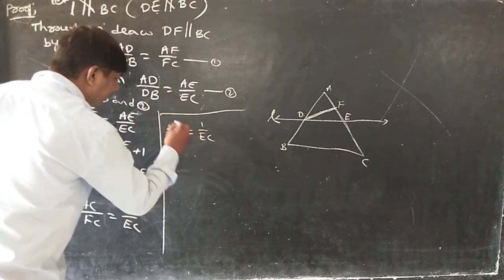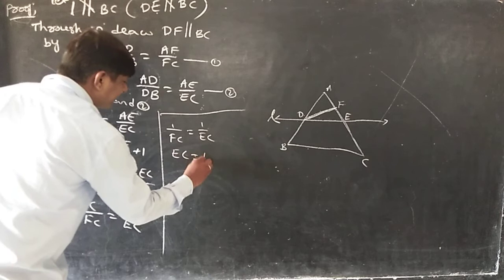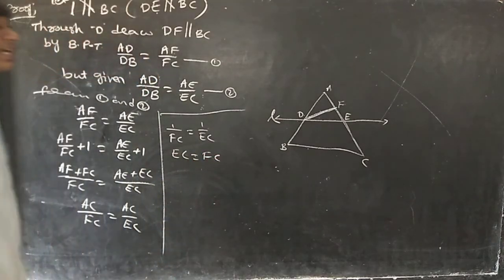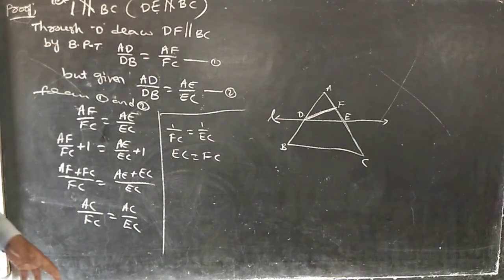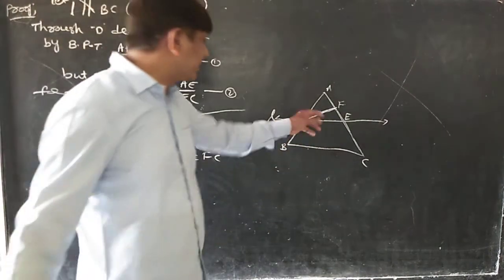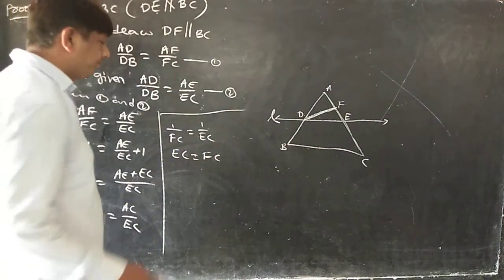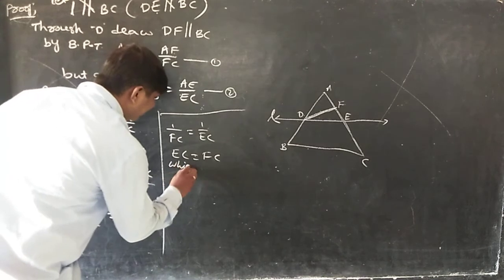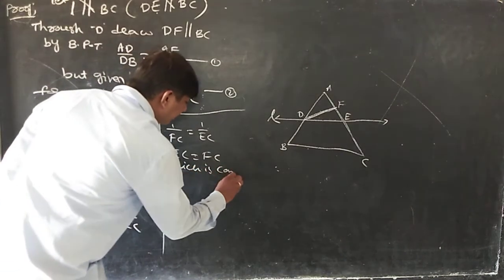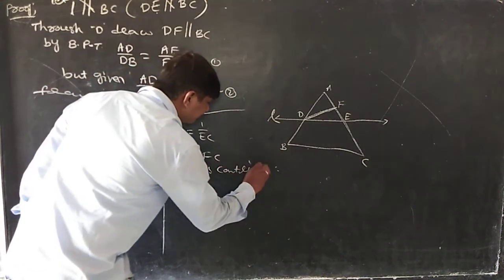By cross multiplication, EC is equal to FC. This is a contradiction.